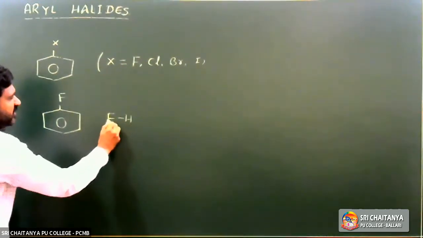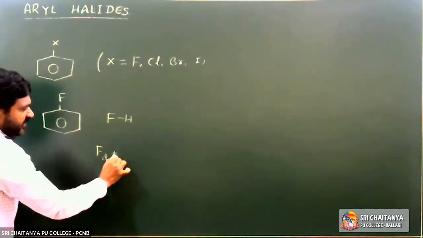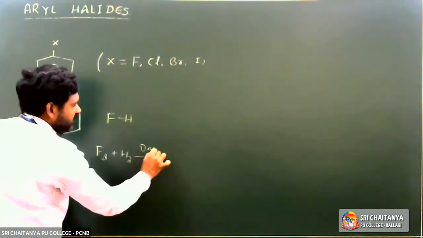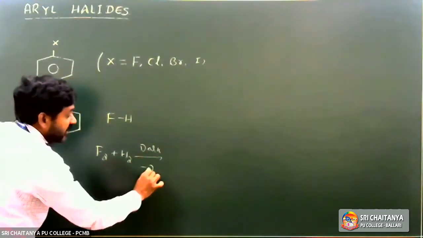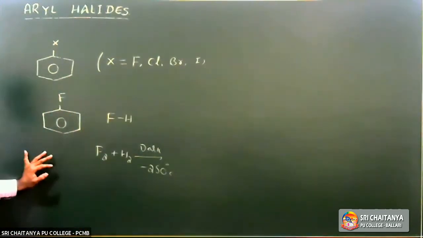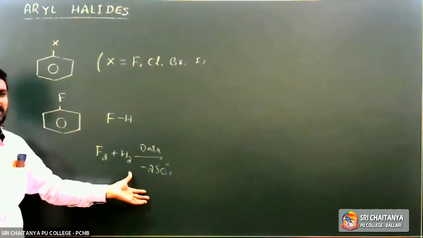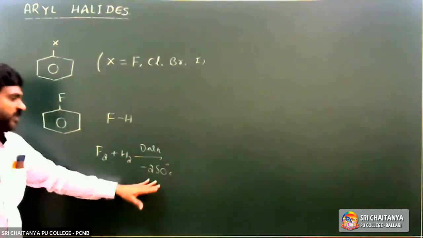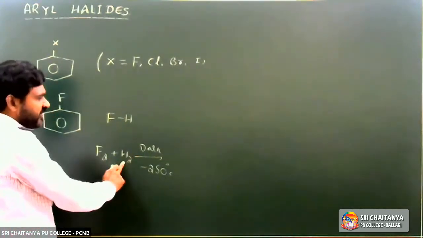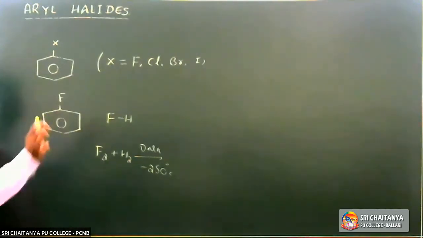Fluorine reacts with hydrogen even in the dark and at minus 250 degrees centigrade. Minus 250 degrees is almost a hypothetical temperature, a very, very low temperature. So fluorine has great affinity with hydrogen, and preparation of fluorobenzene is difficult.